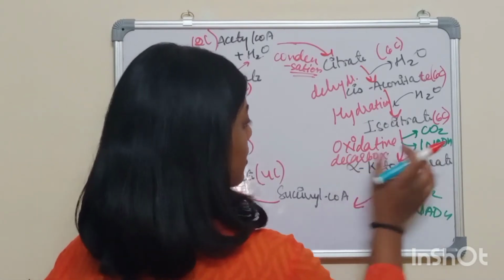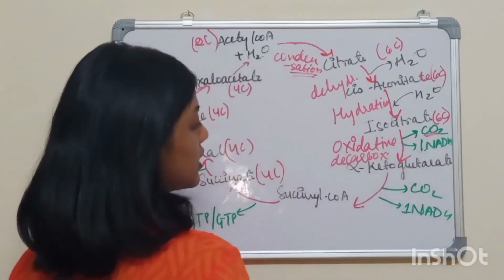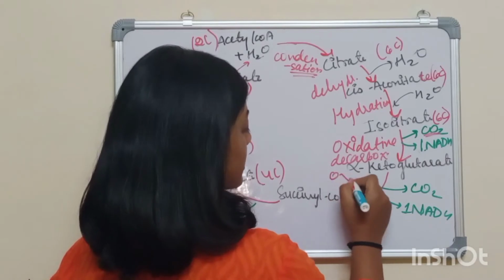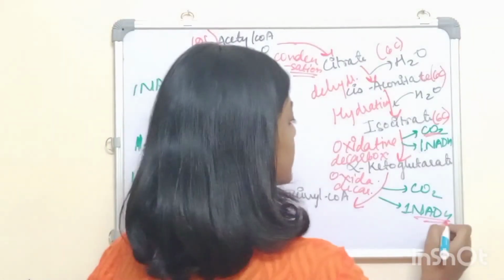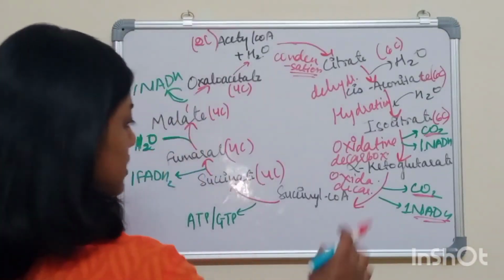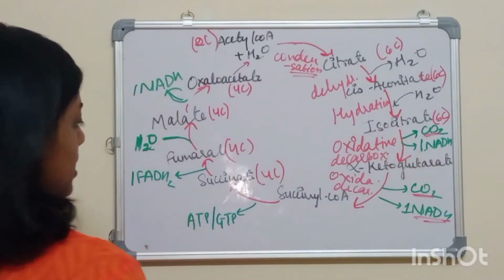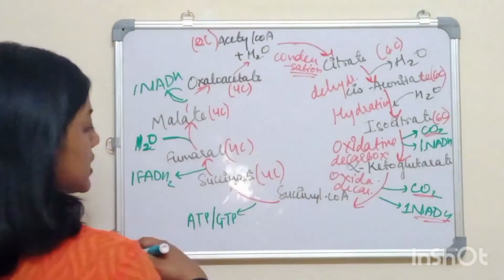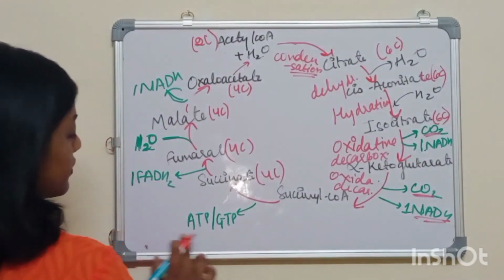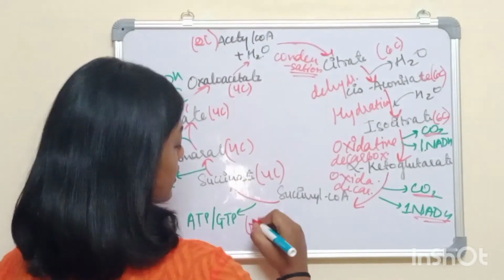Oxidative decarboxylation because there is a removal of CO2. This is also an oxidative decarboxylation because one NADH is produced and CO2 is removed. So these two steps are oxidative decarboxylation. Succinyl CoA is then converted into succinate and there is formation of ATP or GTP. So this step is phosphorylation.